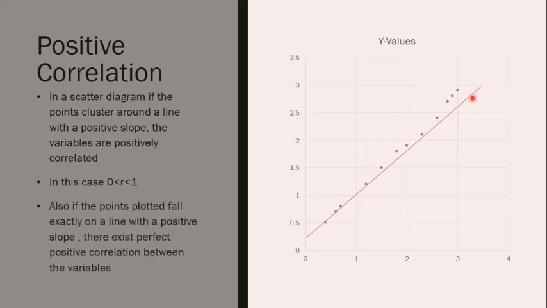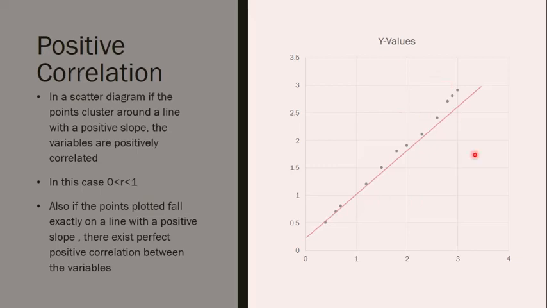Also, if the points plotted fall exactly on the line. In this case here the points are not exactly falling on this positive slope. Only 1, 2, 3, maximum 4 points are falling on the slope. But if the points exactly fall on this upward slope, then it is said that there exists a perfect positive correlation.